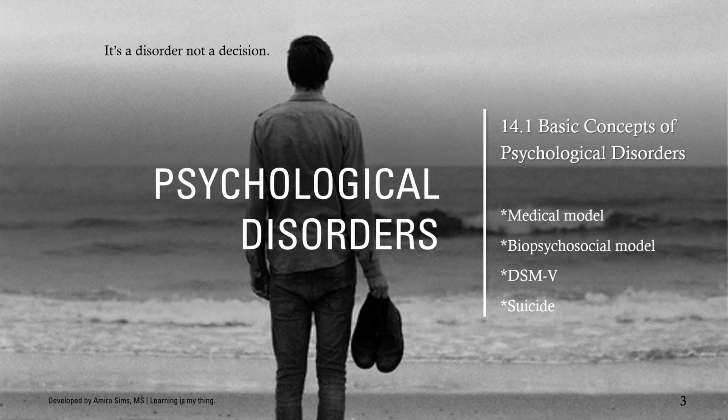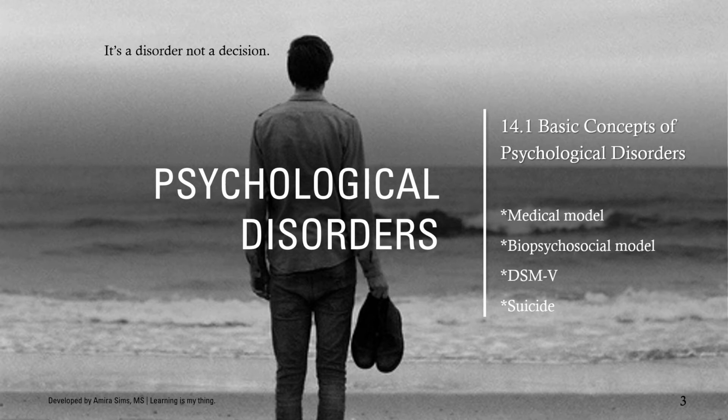So, the biological component includes everything that's physical. So, this would be like diet. It could be sleeping patterns. It could be exercise routine. And it also includes genetics. For psychological, we're talking about the thoughts that are in someone's head, right? Their subjective experience, what they feel and what they think. And this is heavily influenced by their childhood as well as their interaction with the world they live in.